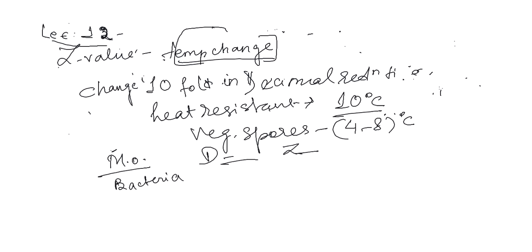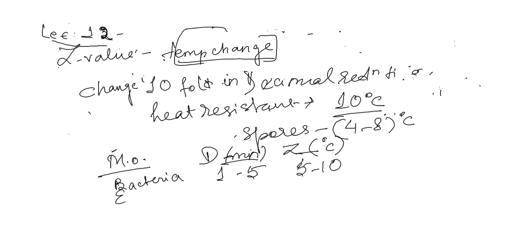For bacteria, it is 5 to 10. The D value is measured by time, so you will have it in minutes, and Z will be in degrees Celsius. So it is 1 to 5 minutes, and mainly 5 to 10 degrees Celsius.